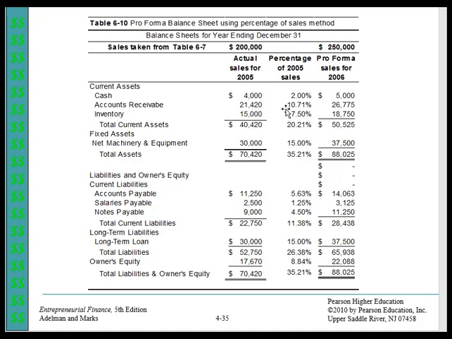So 2% of 4,000 added up ultimately gives us a pro forma prediction of $5,000 in the next year, and vice versa. So you can see all of these percentages relate to changes in the previous number. But these numbers come from common size analysis and relationships of the balance sheet to sales.